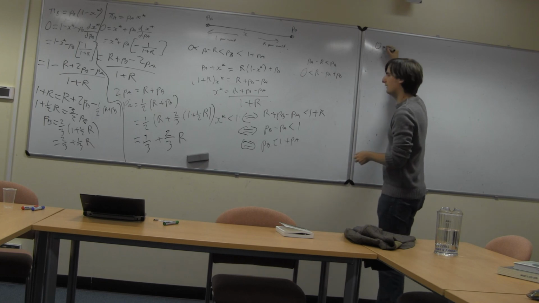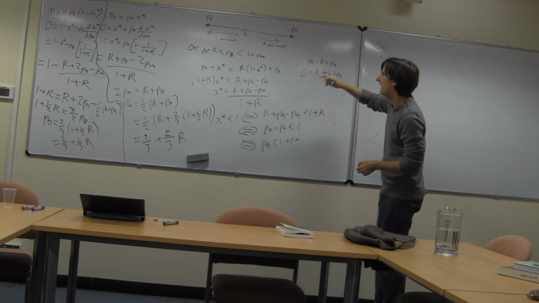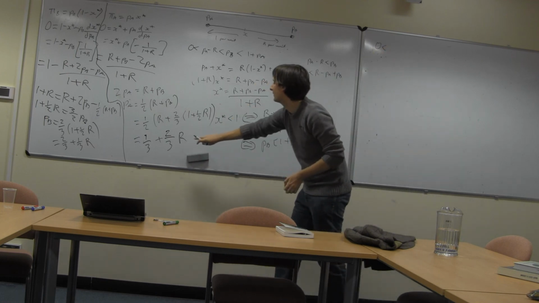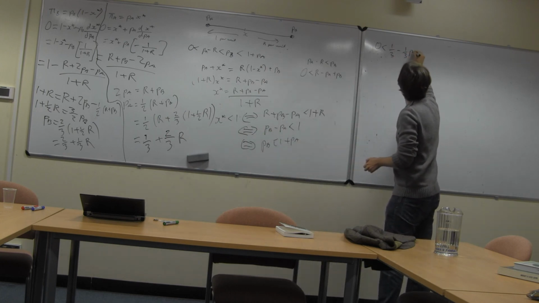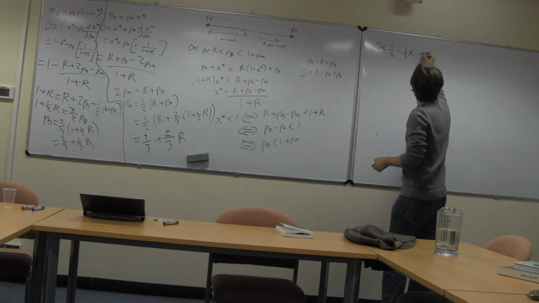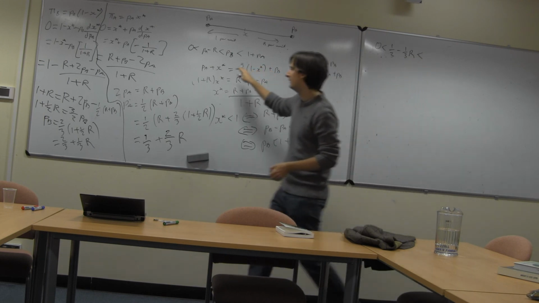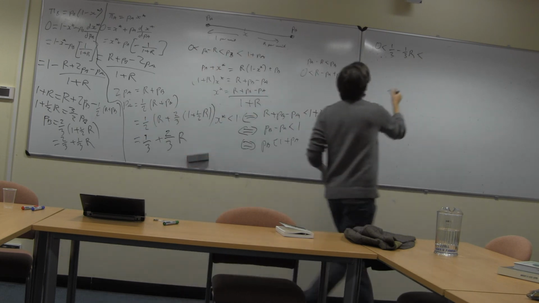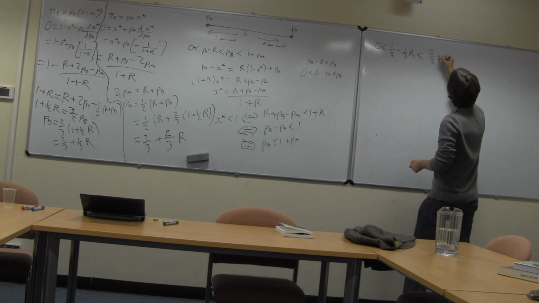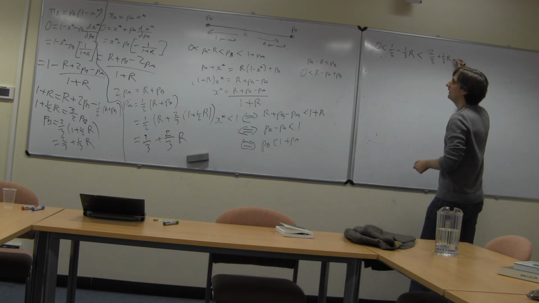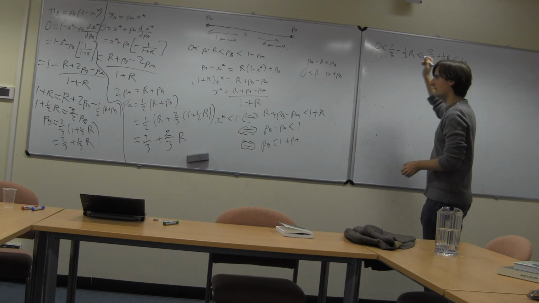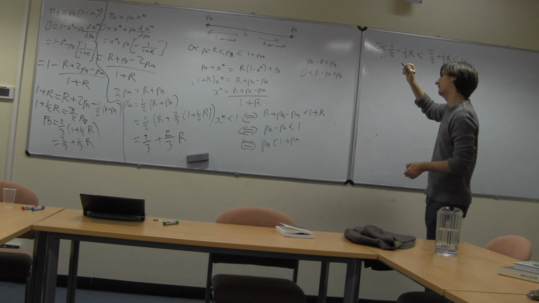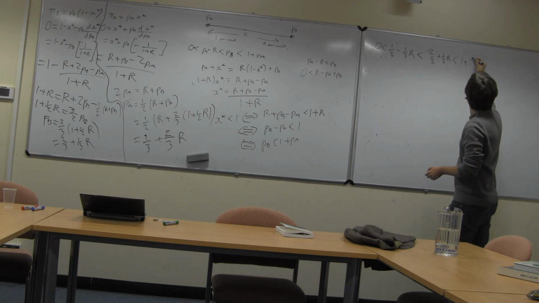We need naught is less than PA minus R. So that's 1/3 minus 1/3 R, 1/3 minus 1/3 R. And that has to be less than PB, which was 2/3 plus 1/3 R. And that has to be less than 1 plus PA, which is 4/3 plus 2/3 R.